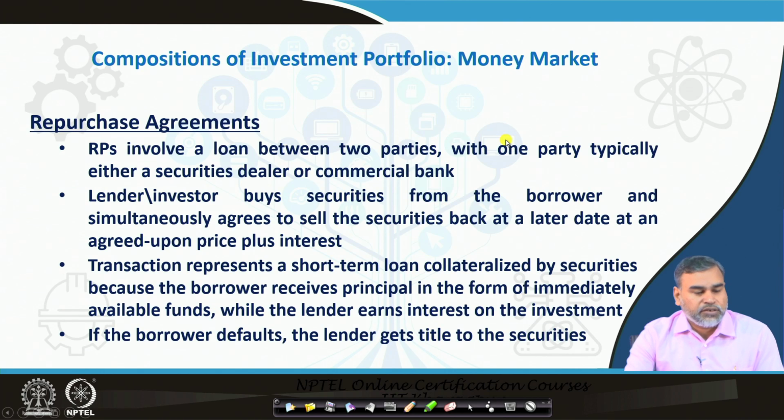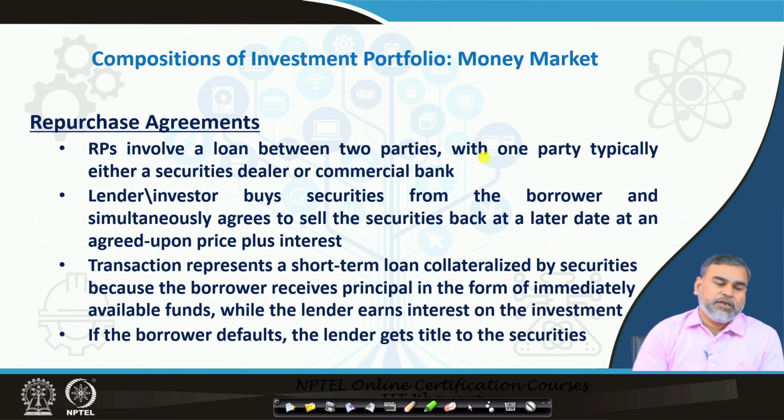If you talk about the money market instruments, one instrument is a repurchase agreement. What is this repurchase agreement? It basically involves a loan between two parties, with one party typically either a security dealer or a commercial bank.